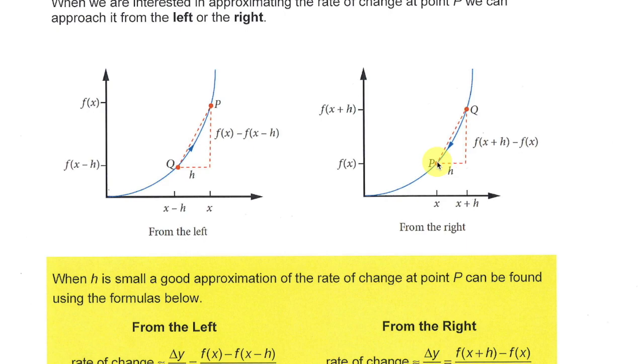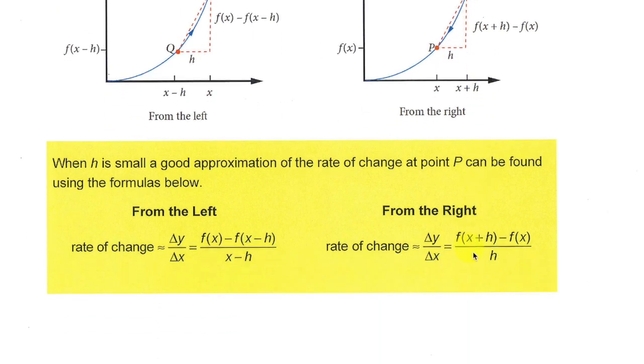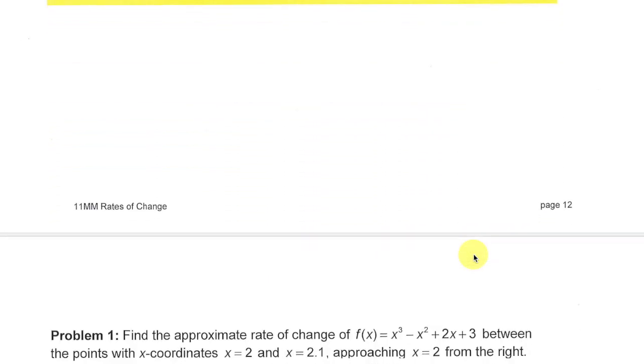We've got x equaling 2 and x equaling 2.1. The horizontal distance is 0.1 obviously, and I can have my points P and Q, do my calculation based on this to get an approximate answer for the rate of change.